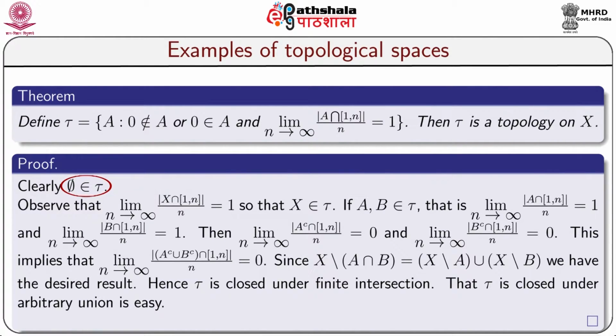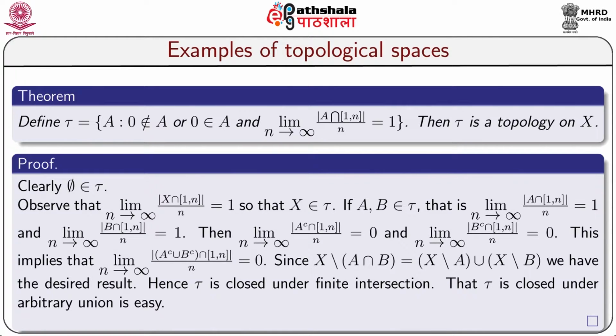Clearly the empty set belongs to tau and obviously X belongs to tau, because the cardinality of X intersection {1, ..., n} divided by n is equal to 1, so the limit will go to 1. Now let A, B belong to tau, that is, the limit of cardinality of A intersection {1, ..., n} divided by n is equal to 1, and similarly the limit of cardinality of B intersection {1, ..., n} divided by n is equal to 1.